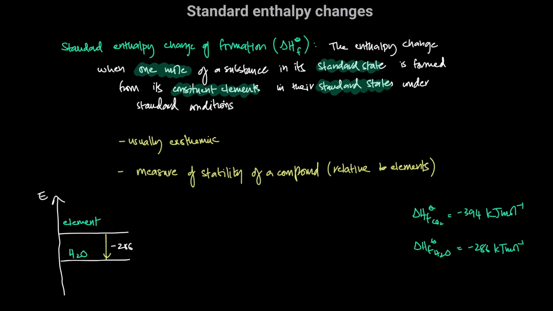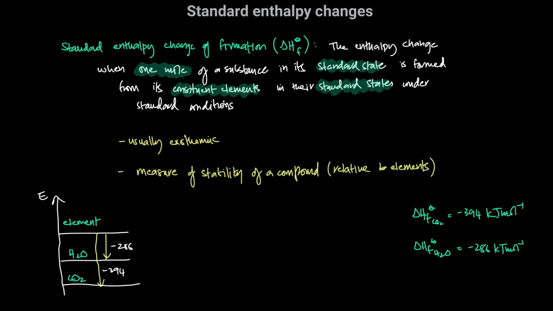On the other hand, for carbon dioxide, the enthalpy change is negative 394 from the constituent elements, so I can say that carbon dioxide is more stable, or at a lower energy, relative to the constituent elements. This is how it's a measure of stability of a compound relative to the constituent elements.